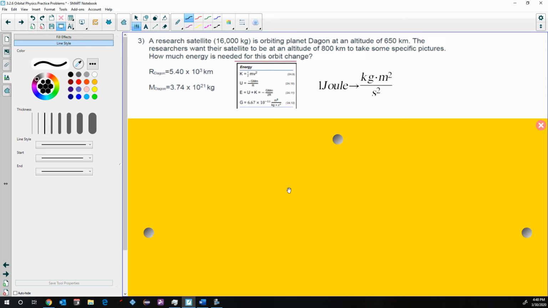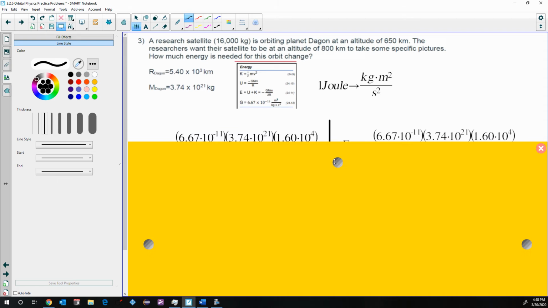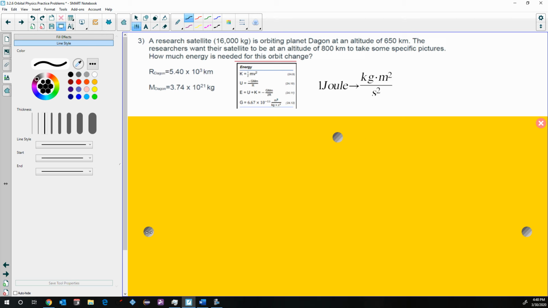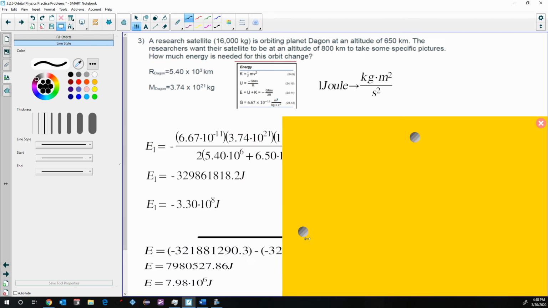So we're going to go ahead and work through the first problem here. Let's pull it in from this direction. We're going to take our total energy, right? So 6.67 times 10 to the negative 11th, but this time this planet has a mass of 3.74 times 10 to the 21, and the mass of our satellite is 1.60 times 10 to the fourth, in kilograms. The radius of our planet is 5.4 times 10 to the sixth.